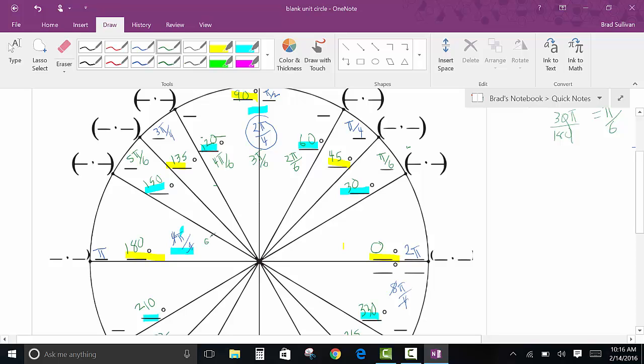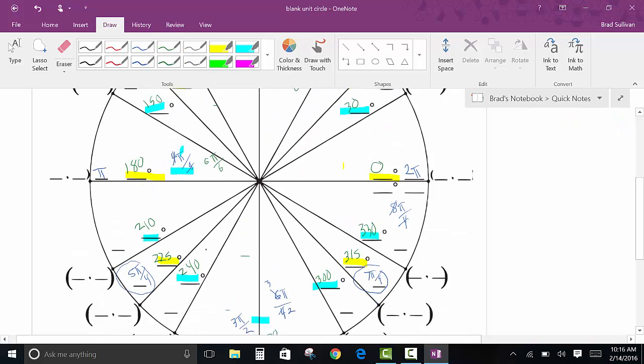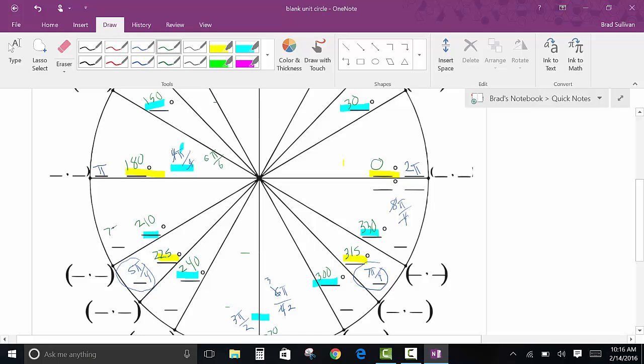Then 6 pi over 6, 7 pi over 6, that's reduced, so that's done. 8 pi over 6 is next, 9 pi over 6, 10 pi over 6, and finally we make it all the way to 11 pi over 6.